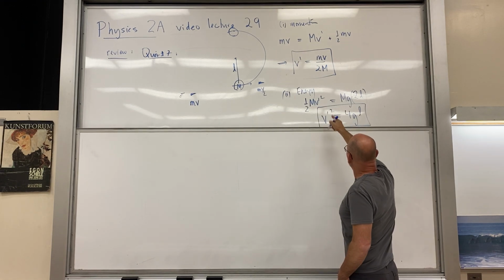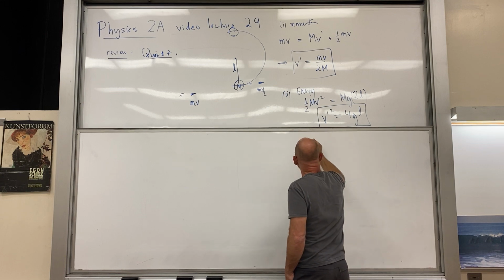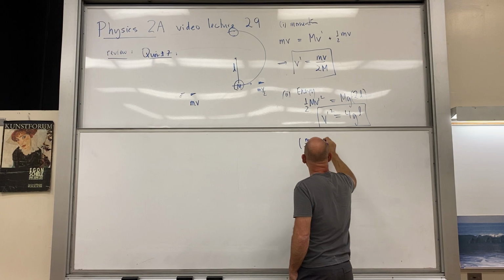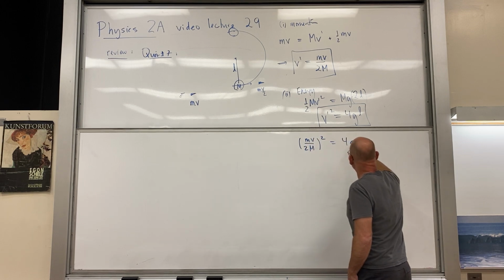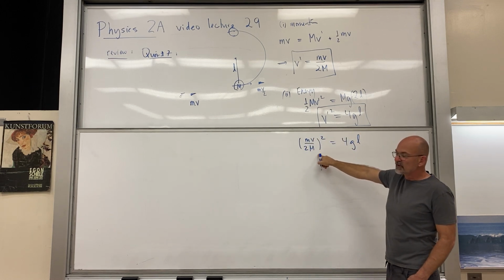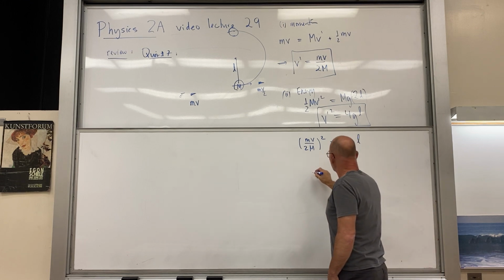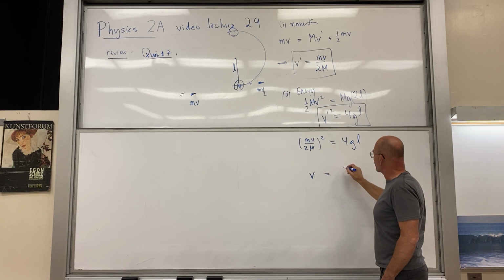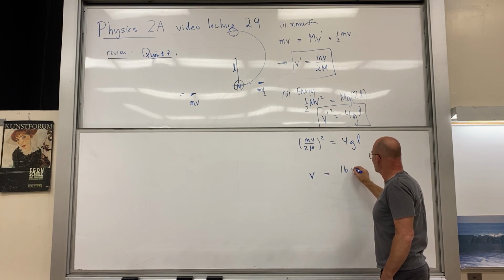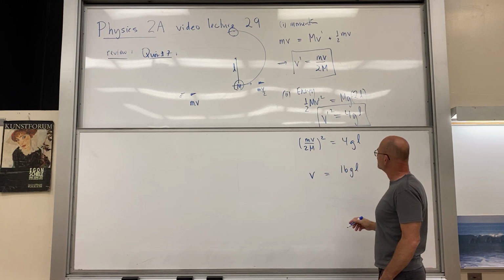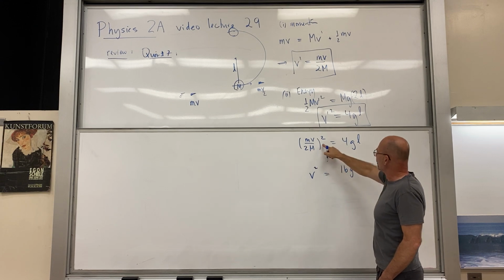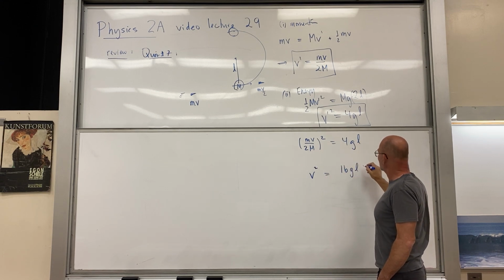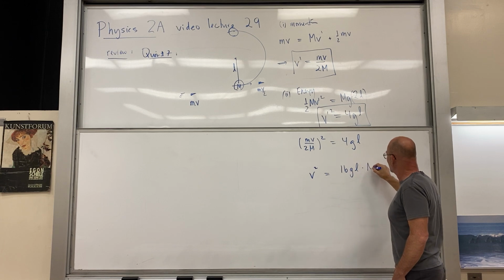So we've got our v prime: mv over 2 capital M, squared, is equal to 4gL, and we're just going to solve for v. 2 squared is 4, so we're going to have 16 gL, v squared for starters, and then we'll have M squared over m squared.